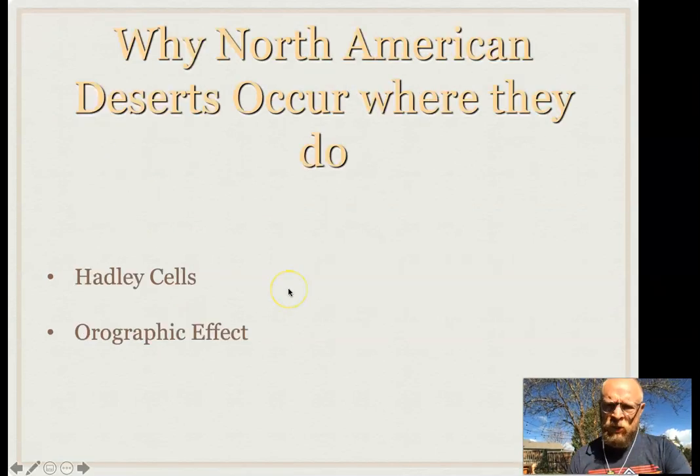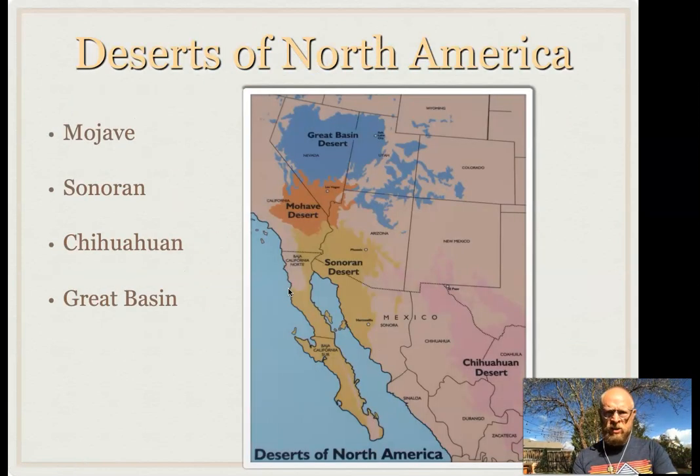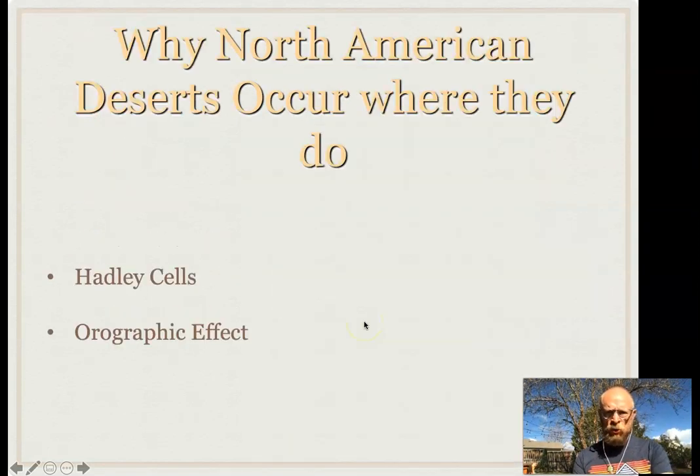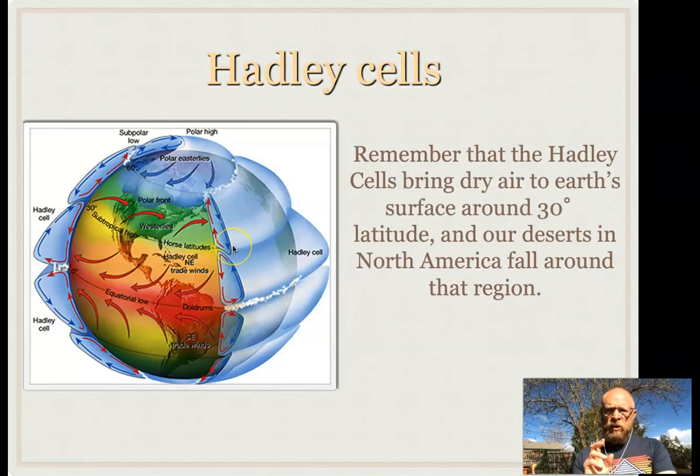Okay. So let's first talk about the location of our deserts. If we look at this map of where our deserts are, they're generally in the southwestern United States, and there are 2 reasons for that: the Hadley cells and the orographic effect. If you remember the Hadley cells, way back early on in the semester, this is a diagram of them.